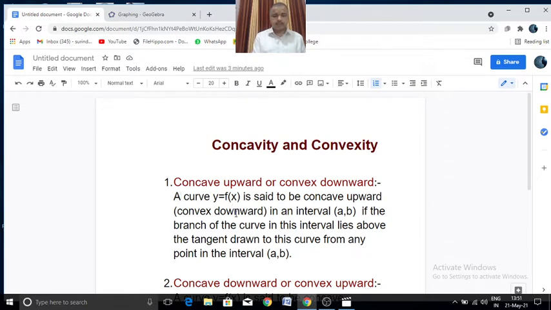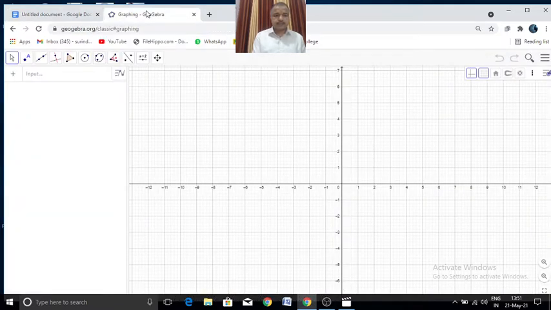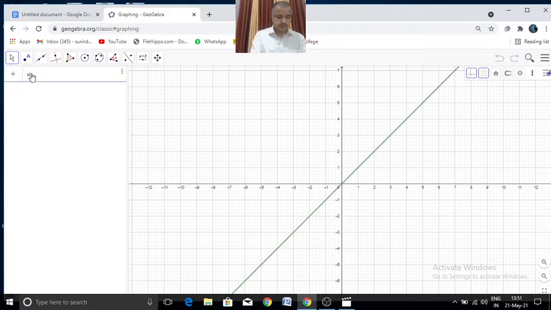concave upward. Let us take the help of GeoGebra to discuss it geometrically. Consider the function y equal to x square.